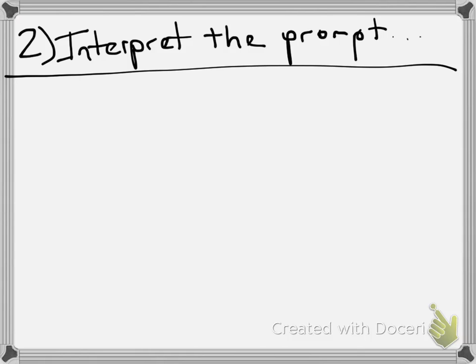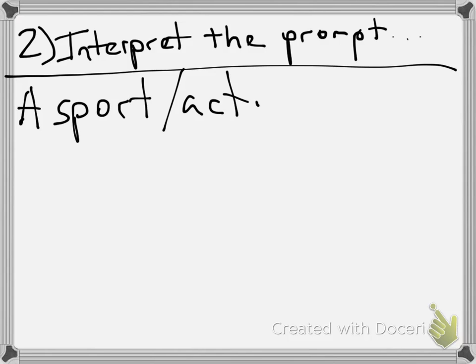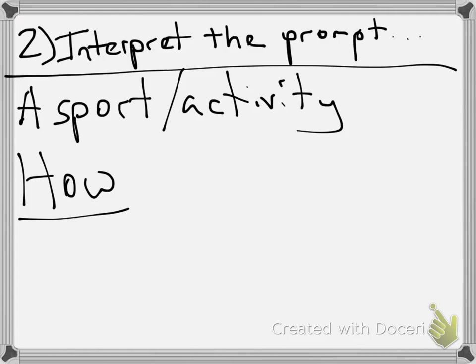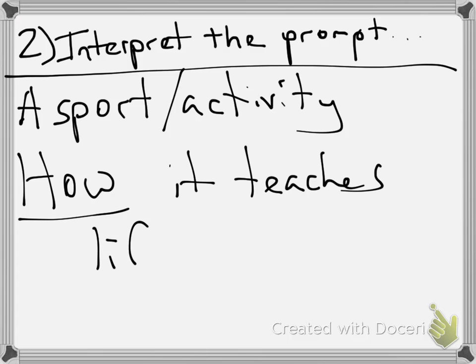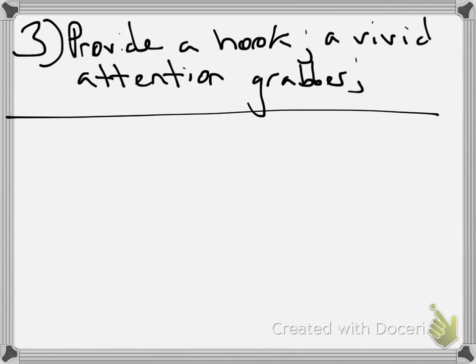So we got to think of a sport or activity that we've decided that we like, and how it teaches life lessons. So those are our two things right there. How does it teach it? Not what, but how.